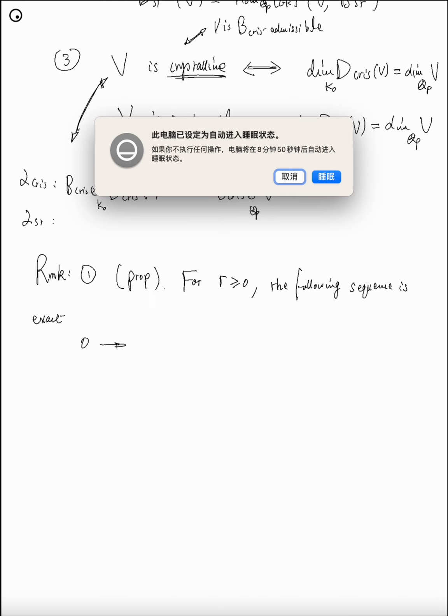So start from 0, and then we got Q_p, and then phi minus p^r, B_cris Frobenius fixed, phi minus p^r, B_dR.